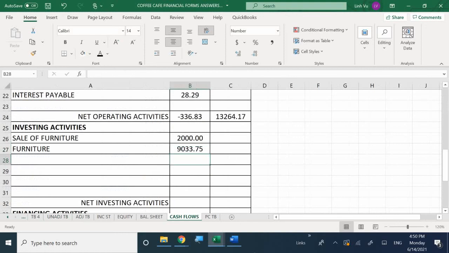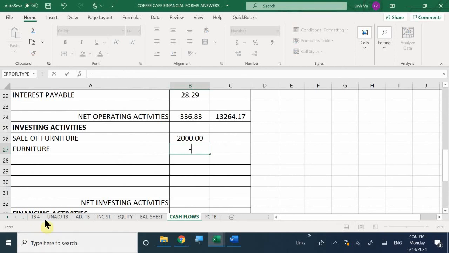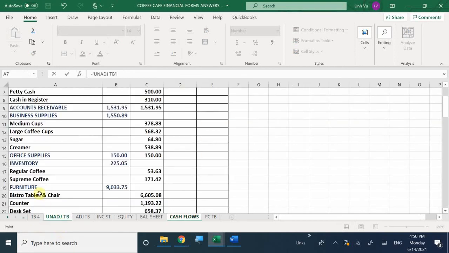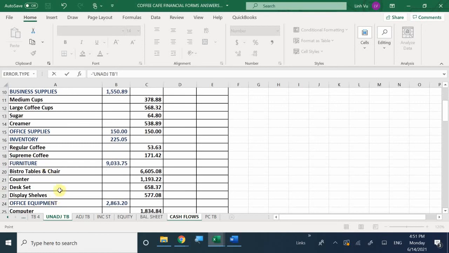9,033.75. Now, do we understand it exactly like how we understand it? If I purchased my furniture, did I spend the money or did I gain the money? Well, if you purchase, you spend it. Correct. So in this case, do I actually have the 9,033.75? No. I already spent it because I used that money to purchase the furniture.